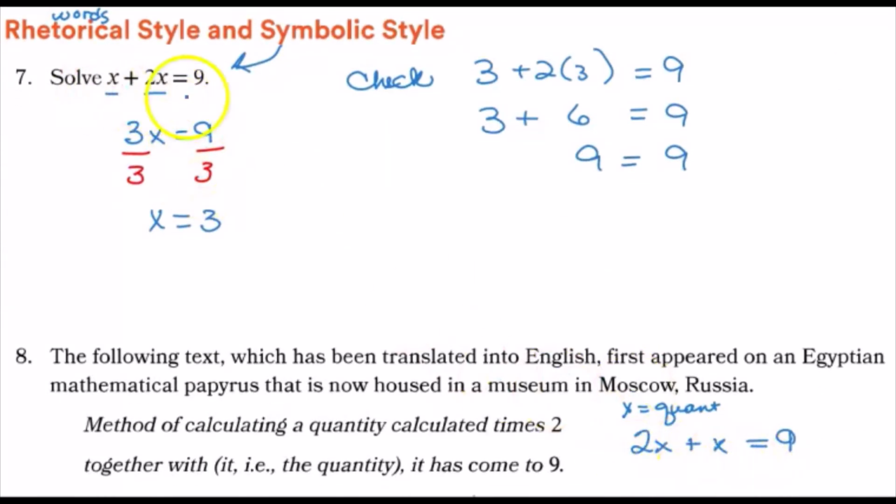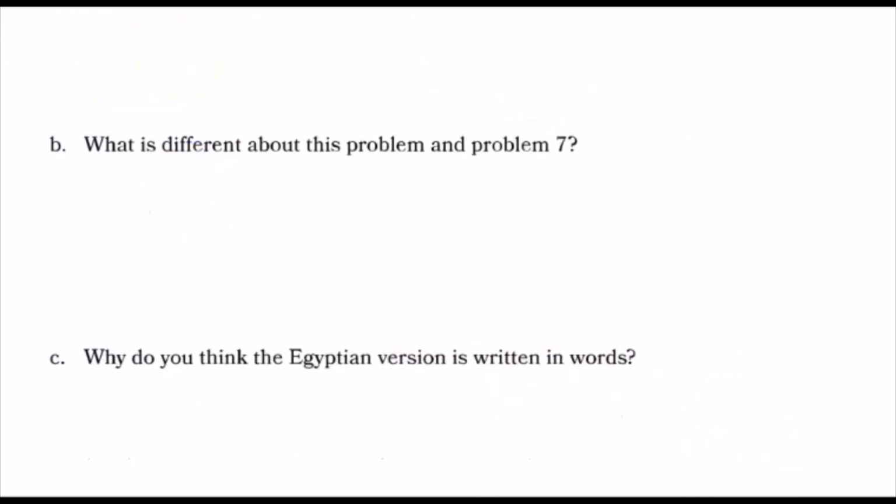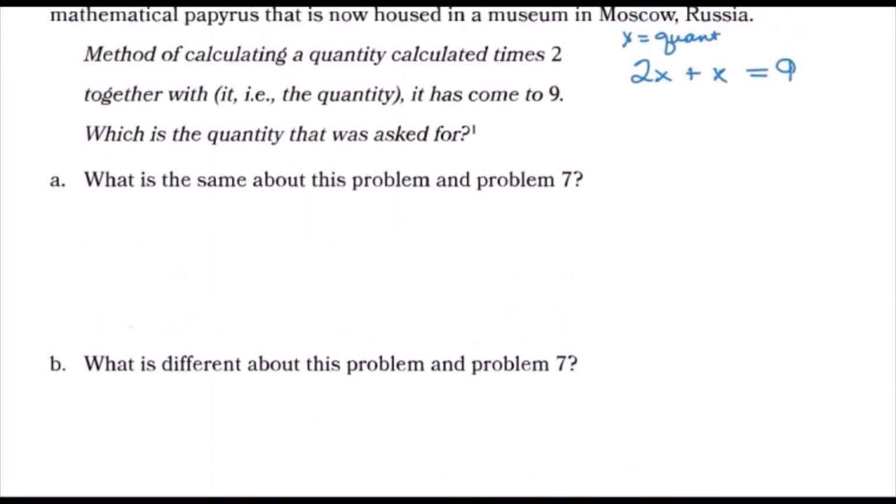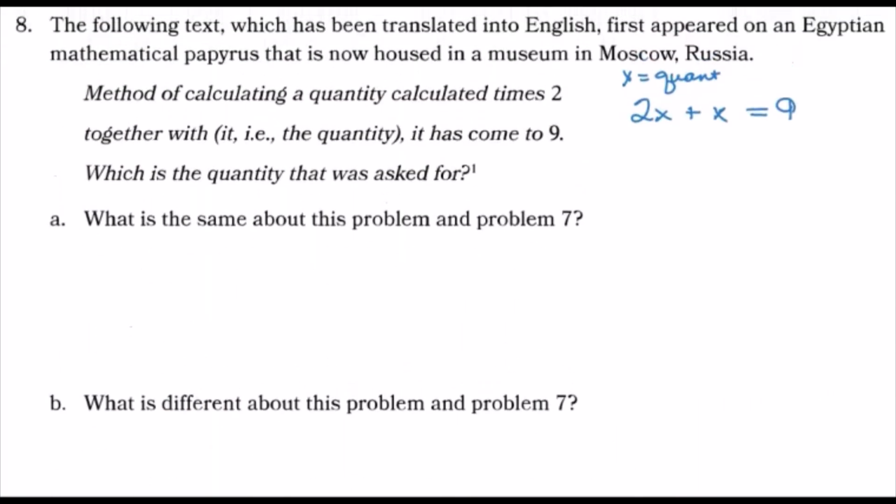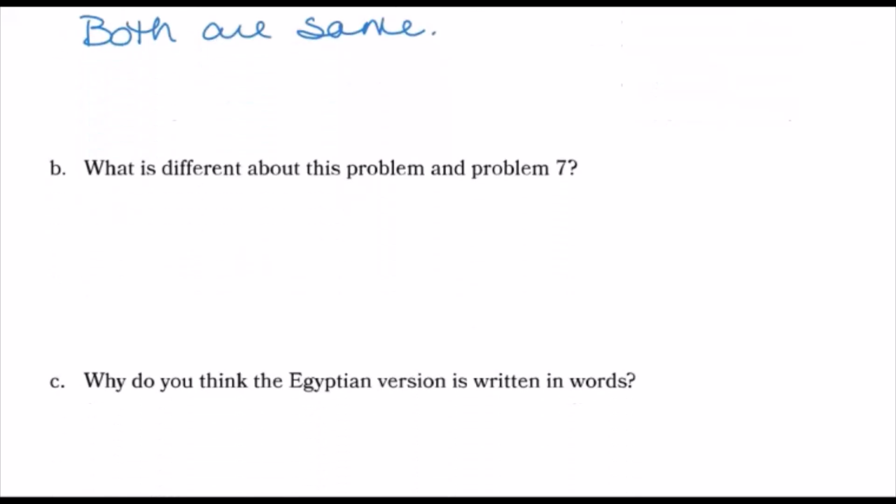I wrote 2x plus x, they have x plus 2x, but they are both going to come to the same outcome. So both are the same, just different ways of asking. So what's different?